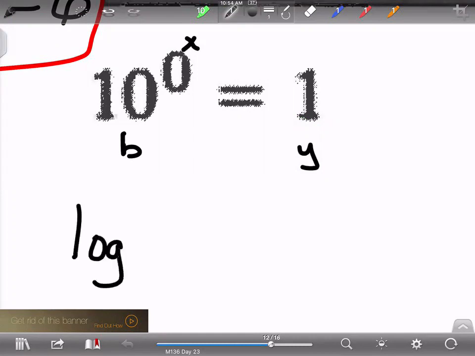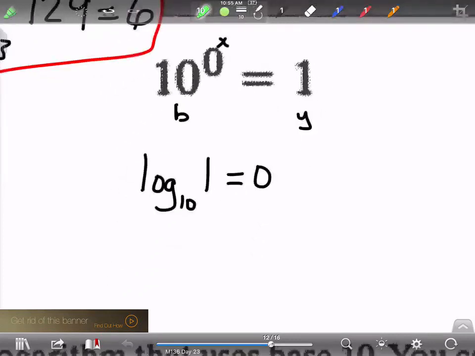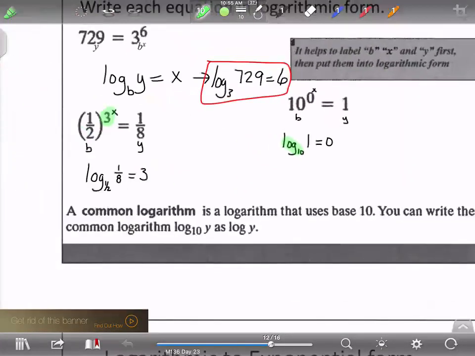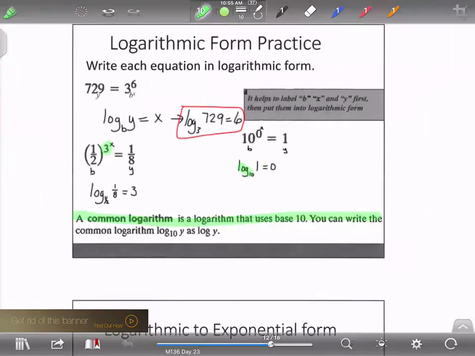Then we're going to have log base 10 of y, which is 1, equals 0. This right here, log base 10, is called the common log. So you'll see that the common log is a base of 10.